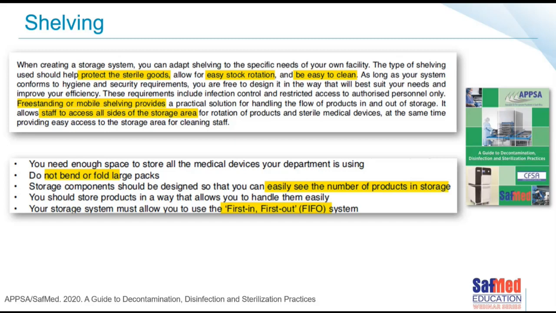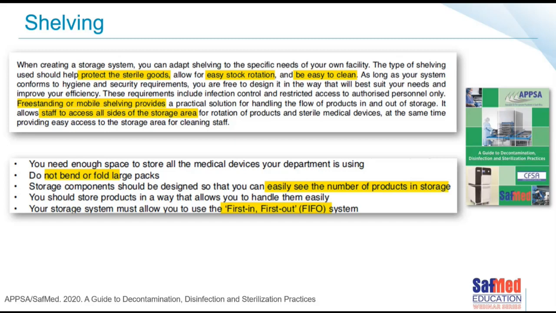The type of shelving used should help protect the sterile goods. It should allow for easy stock rotation, and it should be easy to clean. As long as your system conforms to the hygiene and security requirements, you can design it around your needs to suit your circumstances, as long as you're within the basic outlines and the correct parameters.